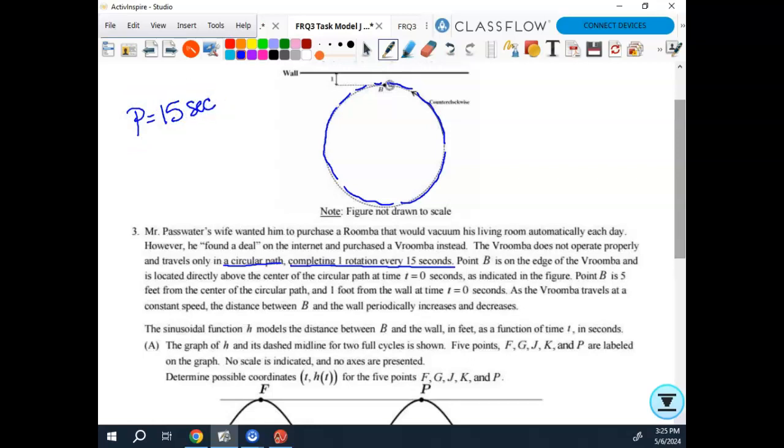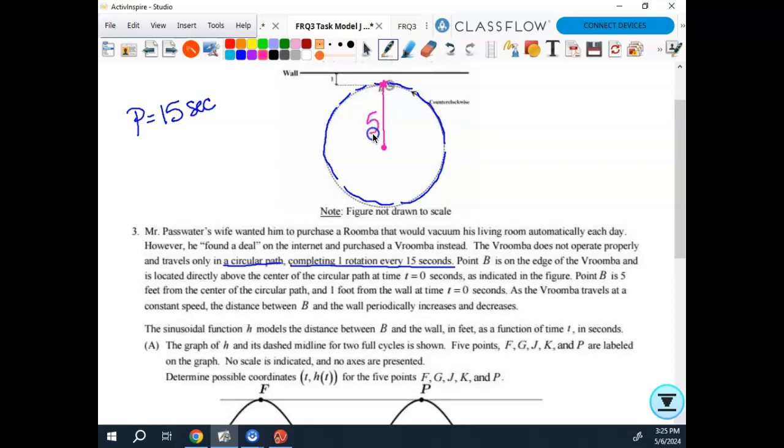1 rotation. Point B is right up here, the edge of the Roomba, and is located directly above the center of the circular path at t equals 0 seconds, as indicated in the figure. Point B is 5 feet from the center of the circular path and 1 foot from the wall.